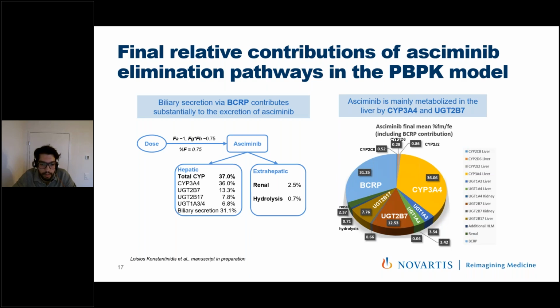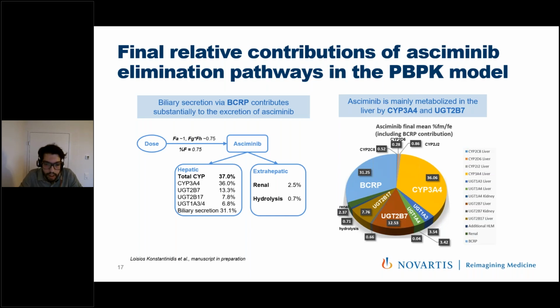So this brings us to what we believe until today is the final contributions of the elimination pathways of asciminib, as also implemented into the PBPK model. There is a biliary secretion via BCRP, which contributes significantly to the excretion of asciminib, and asciminib is also mainly metabolized by CYP3A4 and UGT2B7.